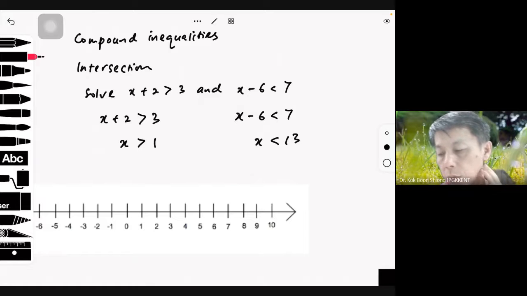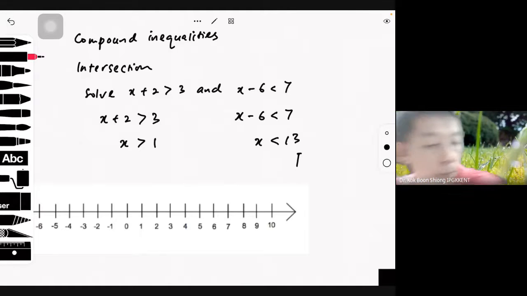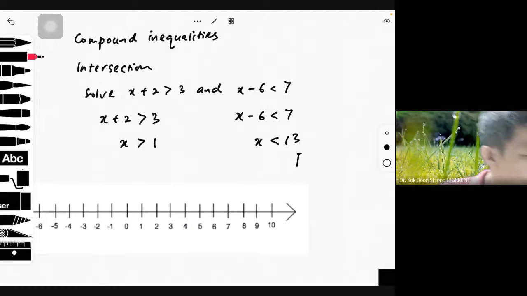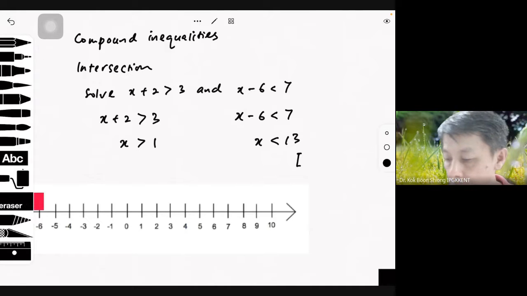So if you want to write this in interval form, what is this? How to write this in the interval form?